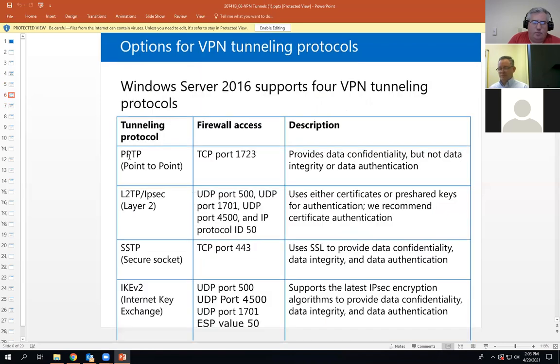PPTP is a point-to-point protocol. It's pretty insecure. It's been broken pretty good now. But we have L2TP and SSTP and IKE version 2. So these are a little more secure than PPTP was, and then IKE version 2 is the most.